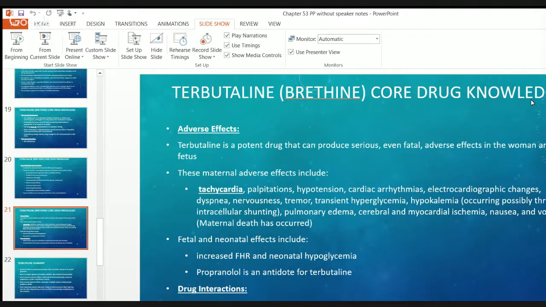It just kind of depends on how well they know the patient, how well they've seen this patient adjust to the medication. So you may get a rare order where it's not held if it's over 100. But typically, we always take a woman's pulse prior to giving her her next dose of terbutaline and may hold it if that pulse is greater than 100. And again, we cannot forget in instances of an overdose, we want to make sure that we have propranolol readily available.